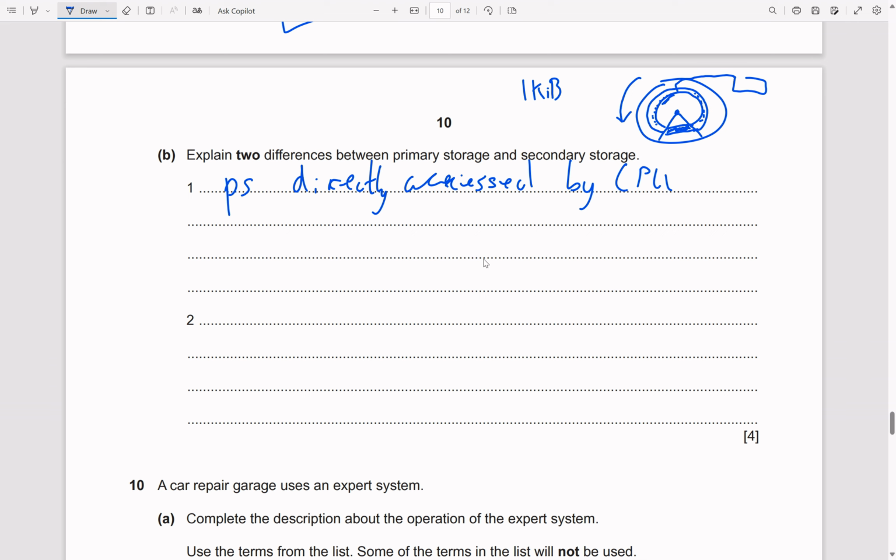Whereas for secondary storage, or SS, data has to go through primary storage before it can be used by the CPU. So it's loaded into primary storage before it can be used by the CPU.